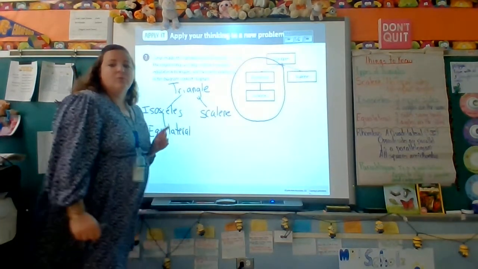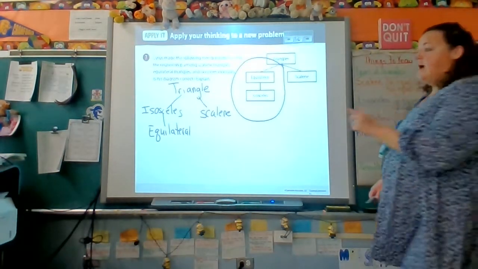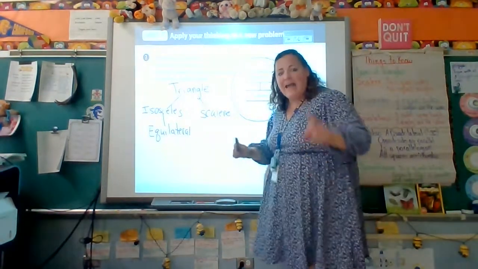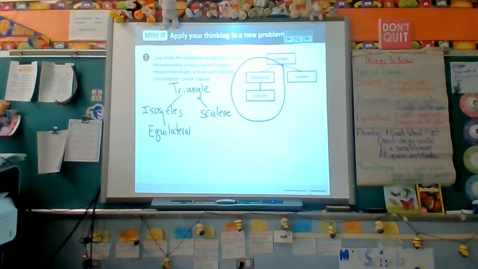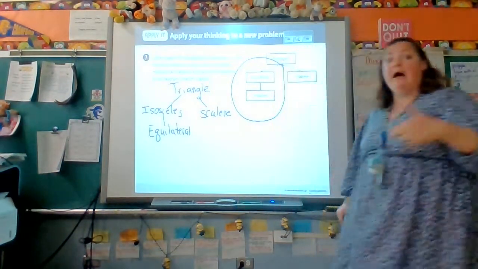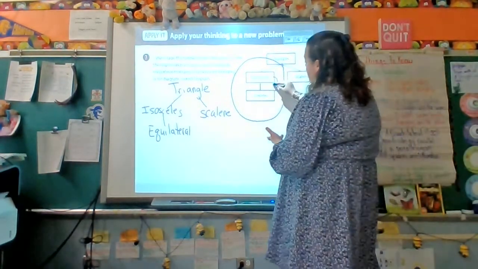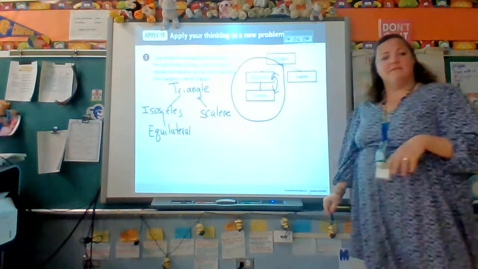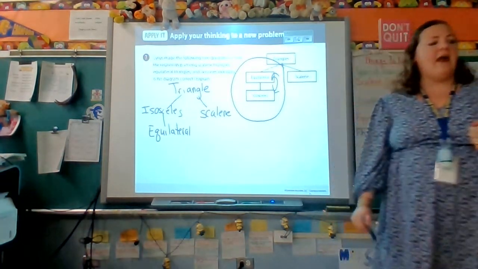The reason this one works is because does an equilateral have at least two sides that are the same length? Yeah. Does an equilateral have at least two angles that are the same? Yeah. So Cyrus just made a mistake. He needed to flip-flop that to make it work. So he made an error.